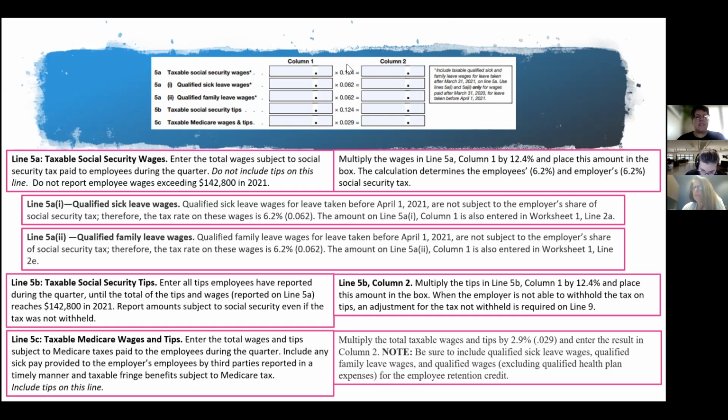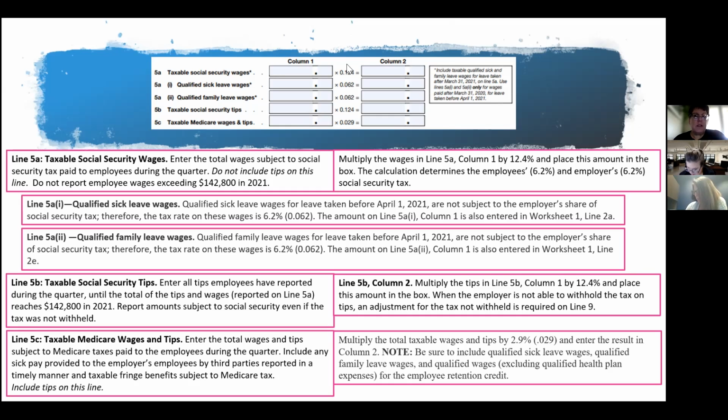This is the amount that you're going to get off of your worksheet 1, line 2, which we will go over in a little bit, and it's a little farther down on the slides here. So if you've gone over the slides, you've seen that worksheet. The qualified family medical leave wages that were taken before April 1st, 2021 are also on worksheet 1, line 2E.